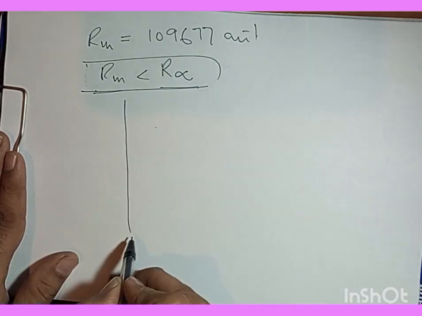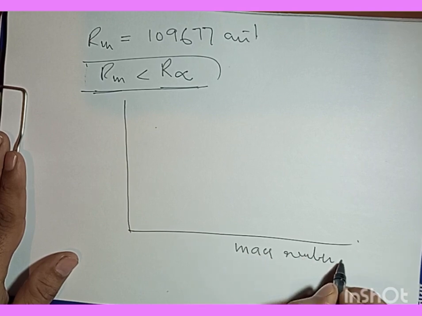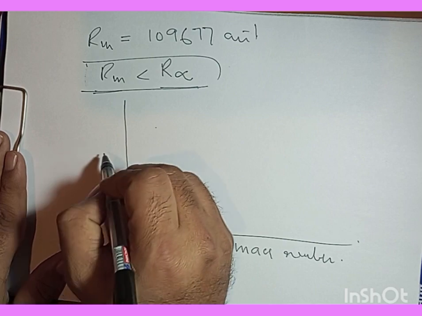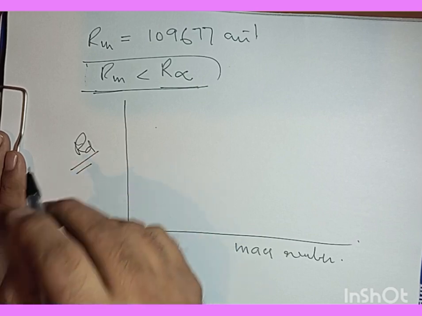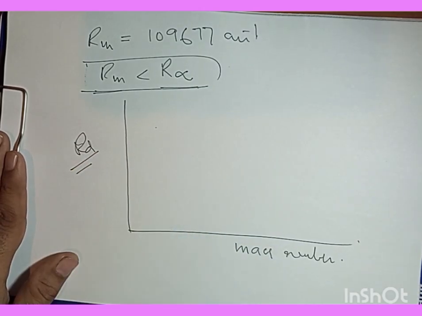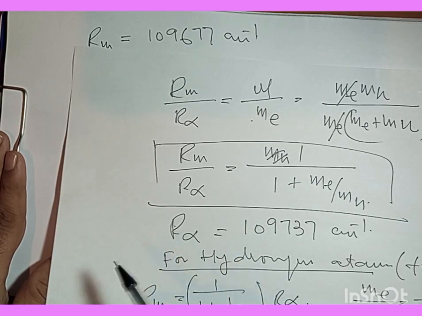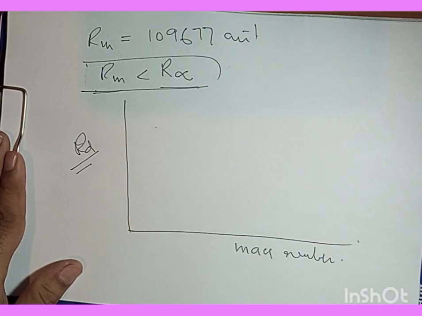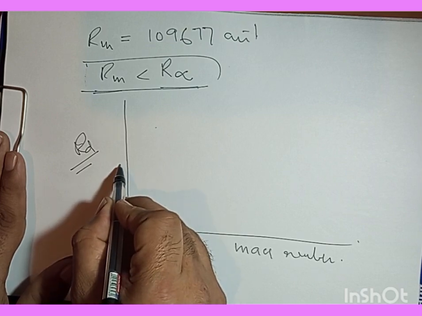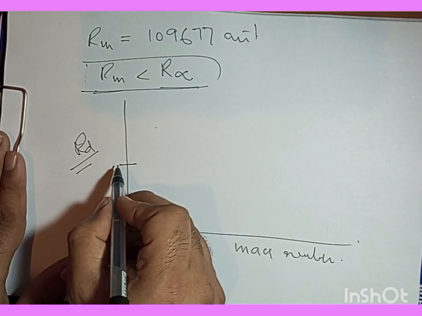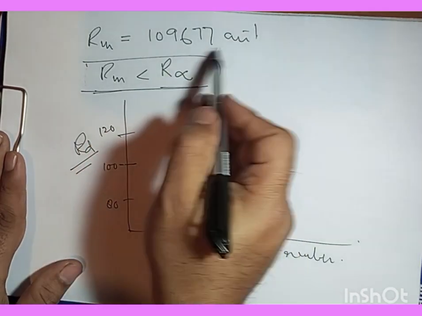Now, if I roughly plot the graph for this Rydberg constant, taking this axis as mass number, and this axis as the Rydberg constant for the particular atom, and choosing the numbers in divisions of 20, say for example, we start from some 80, and then we will have 100, then 120, and so on.